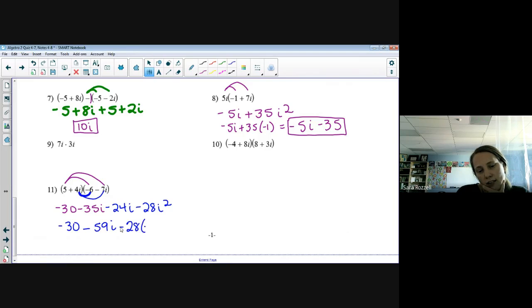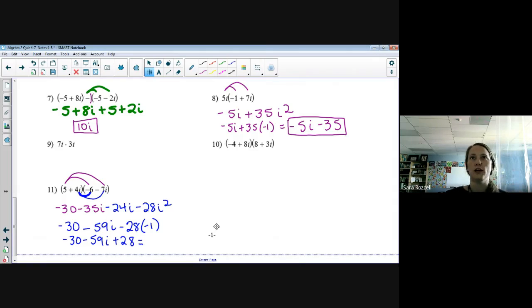Minus 28 times negative 1. Remember, i squared becomes negative 1. So this is negative 30 minus 59i plus 28, right? Because a negative times a negative makes a positive 28.